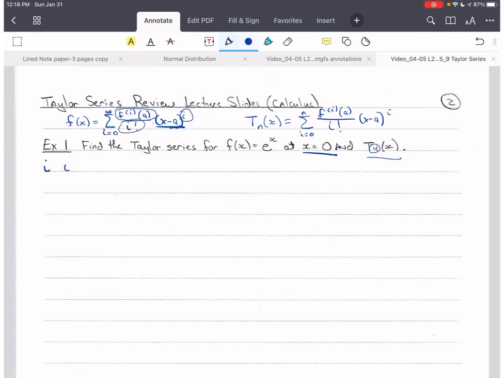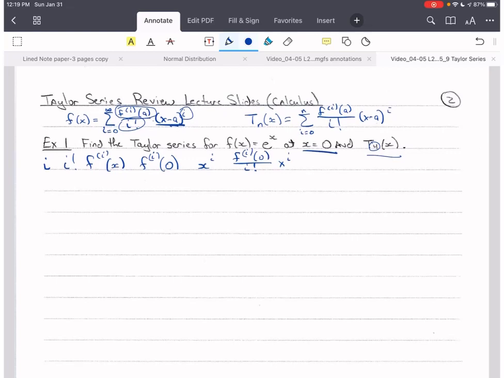So I'm going to put i factorial next. Then I'm going to put the ith derivative at 0, and then I'll have the Taylor term here. The result for each of these is x to the i, because x minus 0 to the ith power is x to the i.